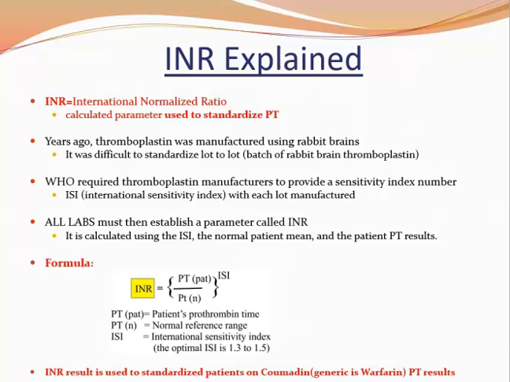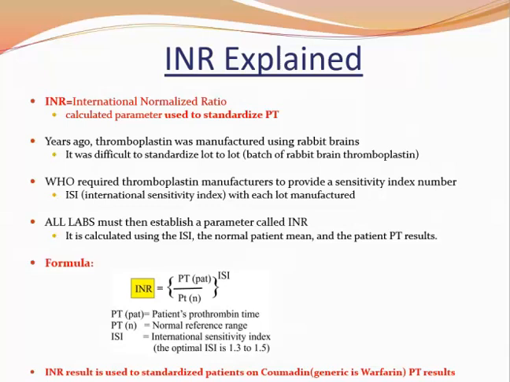So who stepped in? The World Health Organization, and they required thromboplastin manufacturers to provide a sensitivity index number, or ISI, International Sensitivity Index, with each lot that was manufactured.